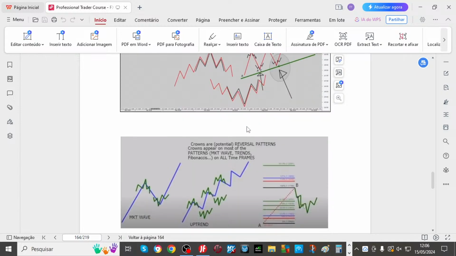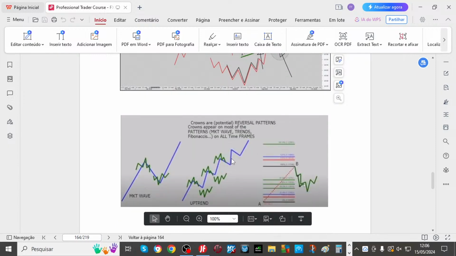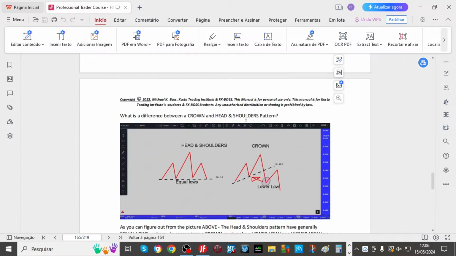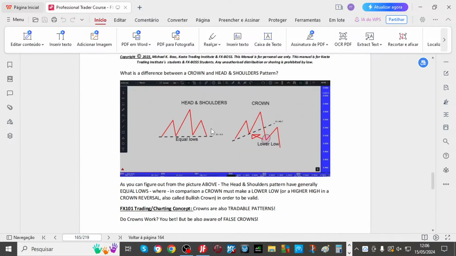We talked about that crowns appear in the short-term trend. Crowns are reversal patterns and appear in most of the patterns, market wave, trends, Fibonacci's on all time frames. We explained that crown, it's an advanced pattern, advanced head and shoulder.